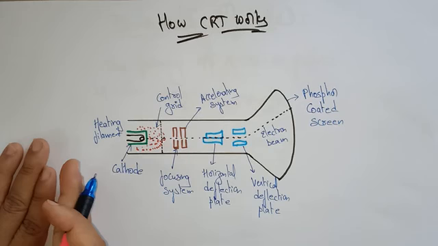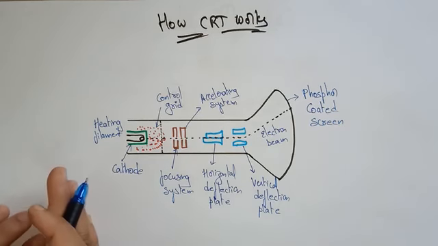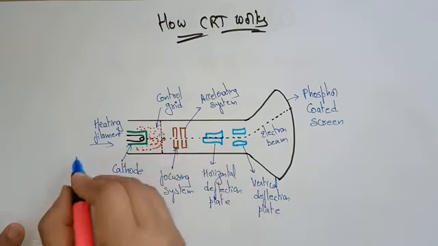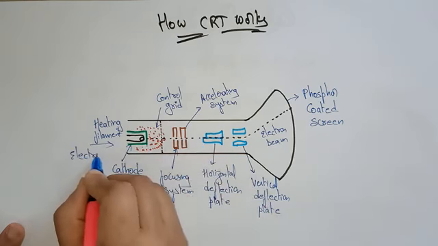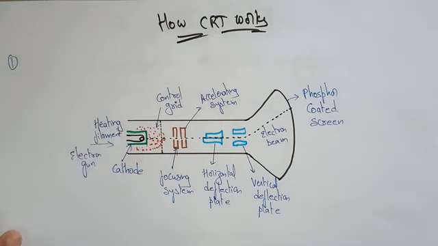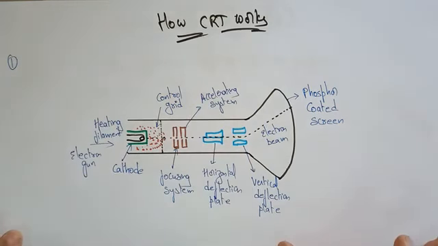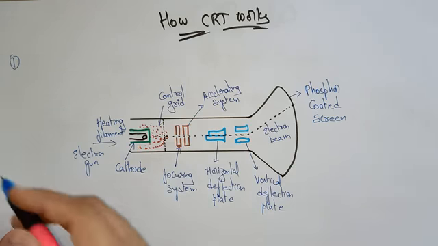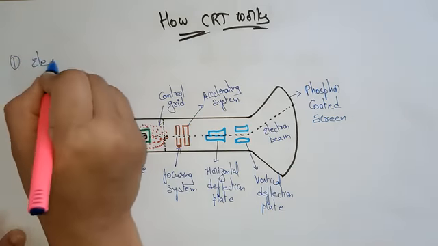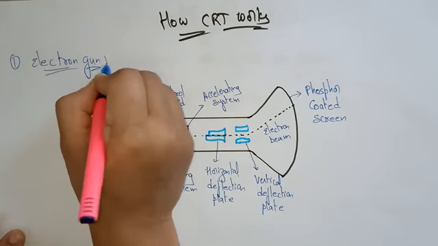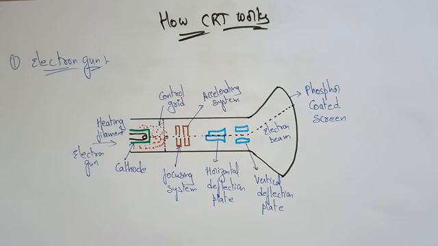Coming to the left hand side, let's take the starting point here. It is an electron gun. These are the main components present in the CRT, and based on these components we can see how the CRT works. The first component is the electron gun. What is the use of this electron gun?